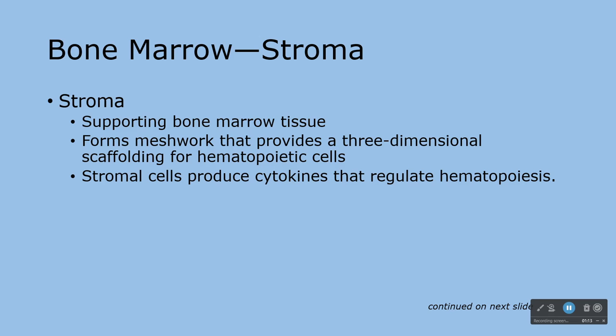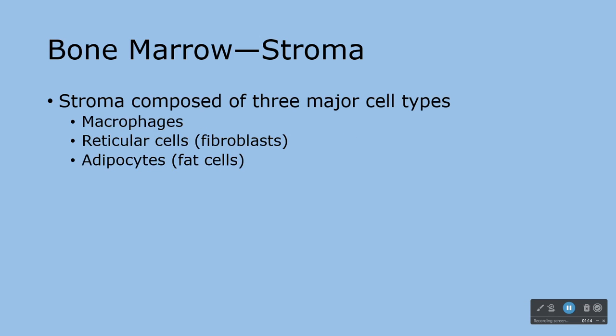Okay? They cause reactions to occur. All right? So in our case, most of them are like growth chemicals to like stimulate growth or maturation or differentiation of the cells. Okay? So in other words, what's going to make that hematopoietic stem cell turn into a red blood cell? Or what's going to make it turn into a neutrophil? Those kind of things. Okay? Those are cytokines. All right?